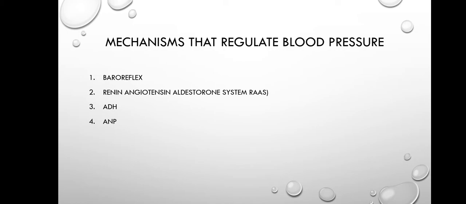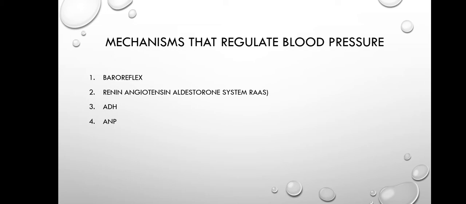Since we are talking about a scenario where blood pressure increases, what will happen is the opposite of what I've just said: there will be a decrease in sympathetic output and an increase in the parasympathetic output.